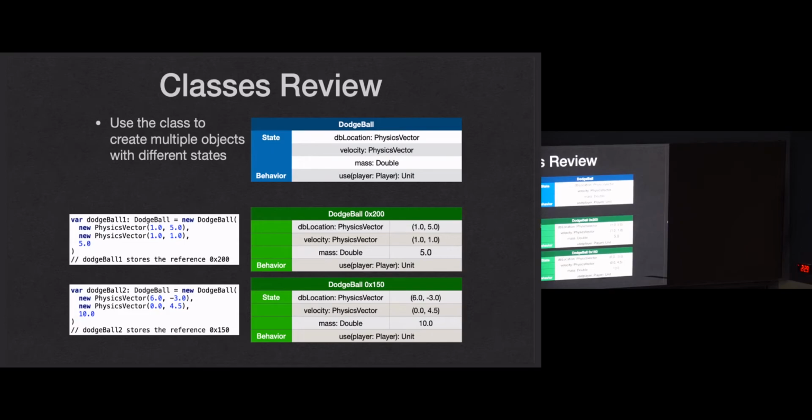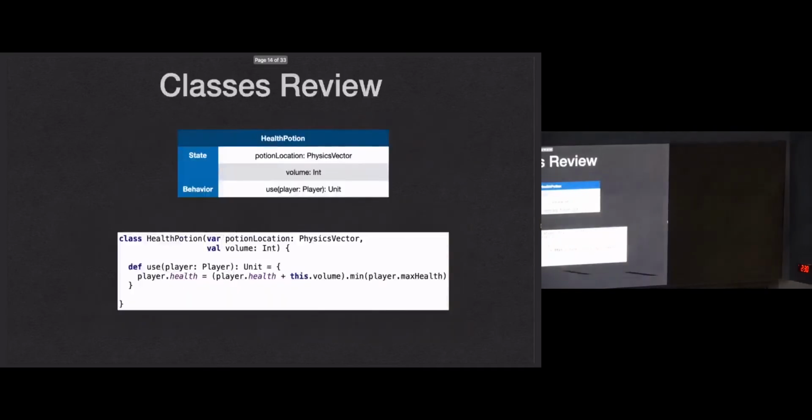Any questions on classes, objects, references? Oh, you asked, can you explain player? So, this guy right here. This means that this method as a parameter takes a reference to a player object on the heap.